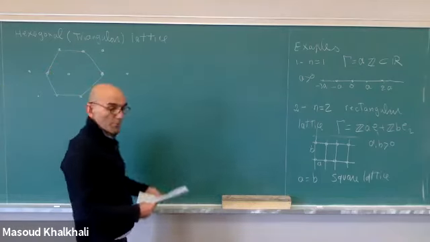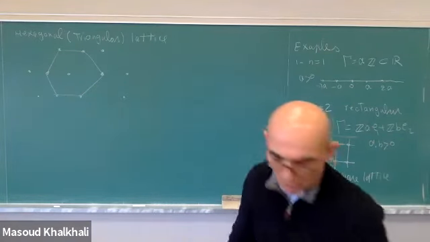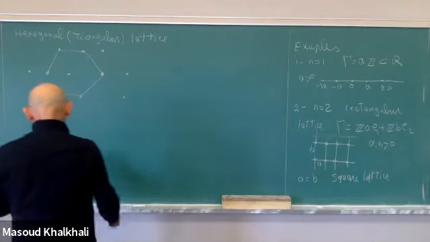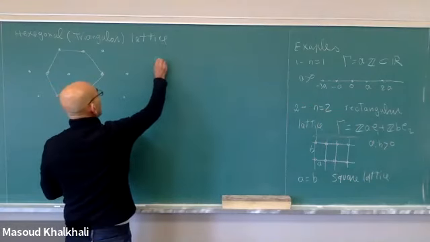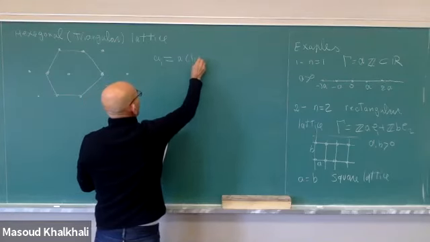So you can write down a basis for this actually. There are many bases, but one basis could be A1 equal to A times (1, 0).